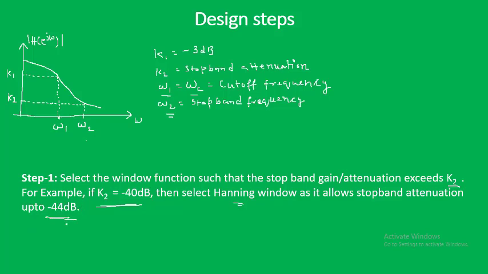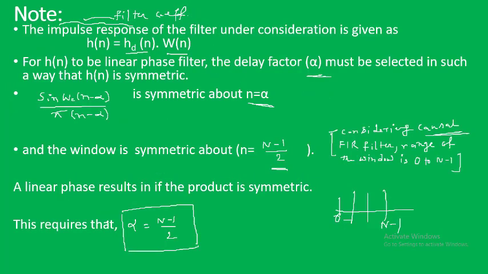So the minimum stop band attenuation is minus 44 dB, and it has to be more than that, that is minus 40 dB. That is how we need to choose the window. If this had been minus 50 dB, then we would have gone for the Hamming window. This is a very important thing, which window you are choosing.